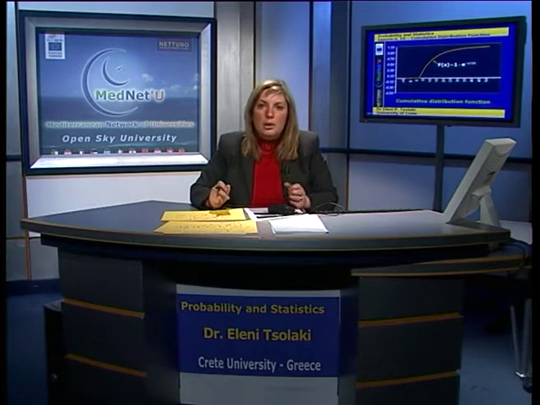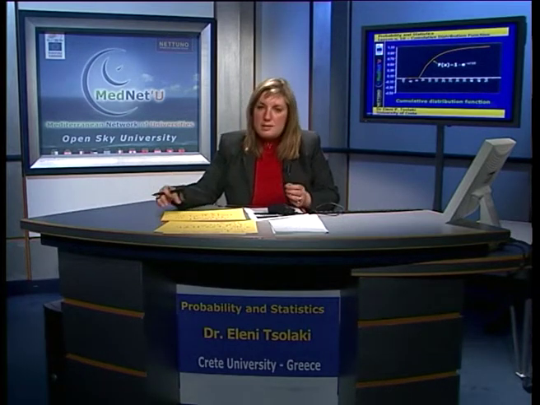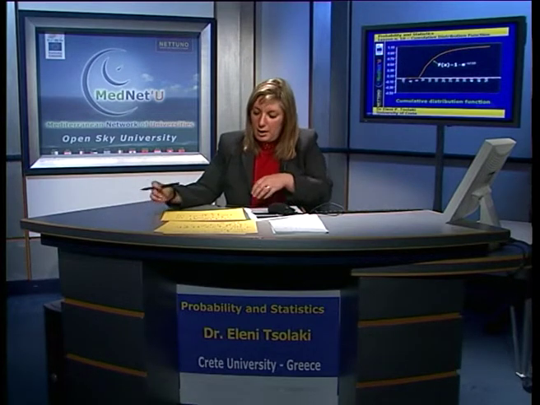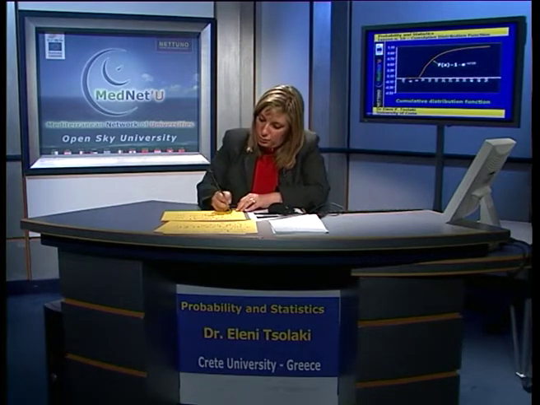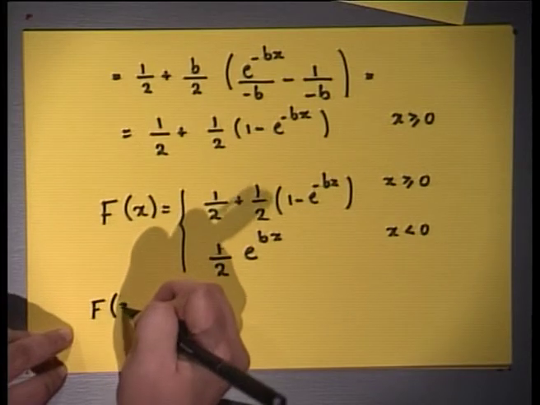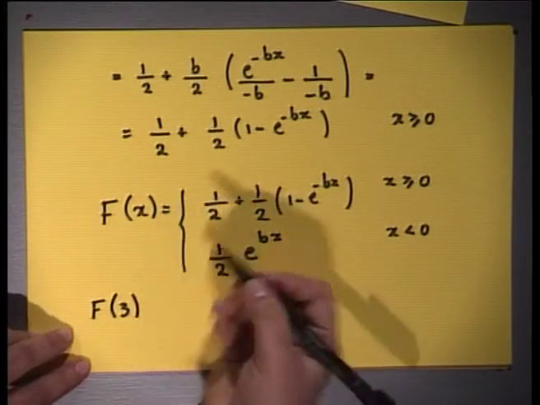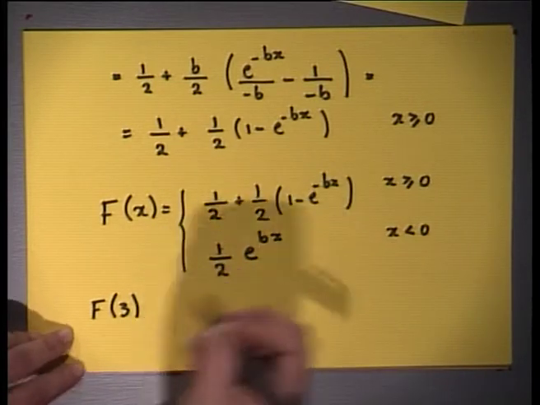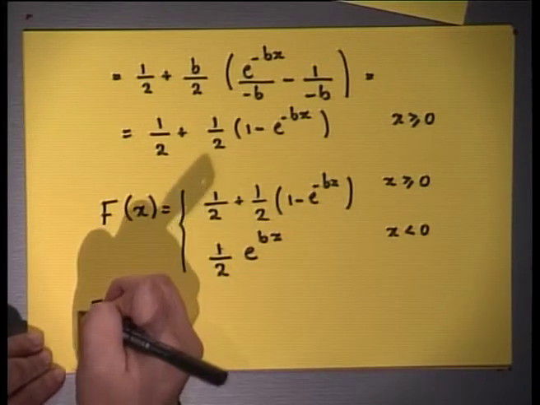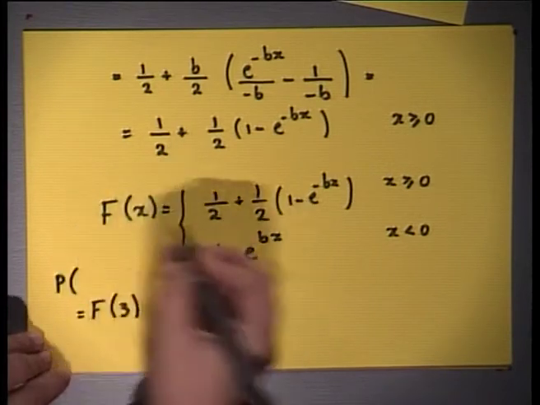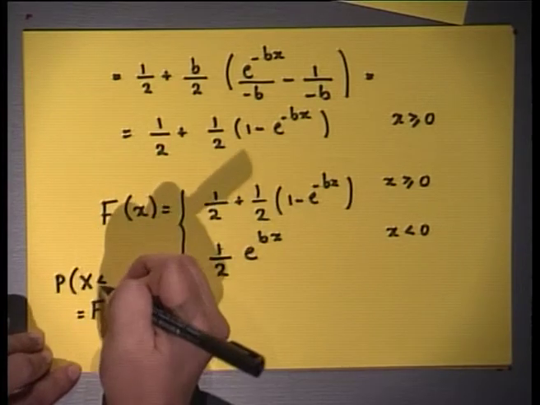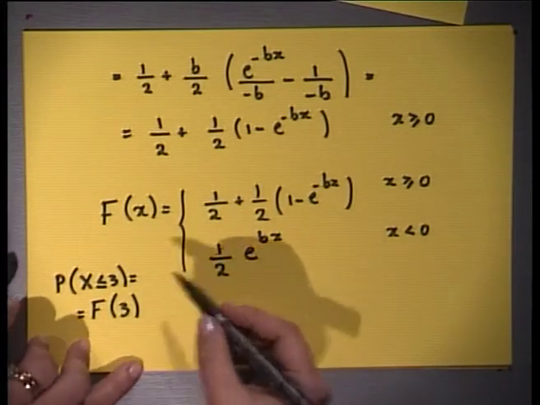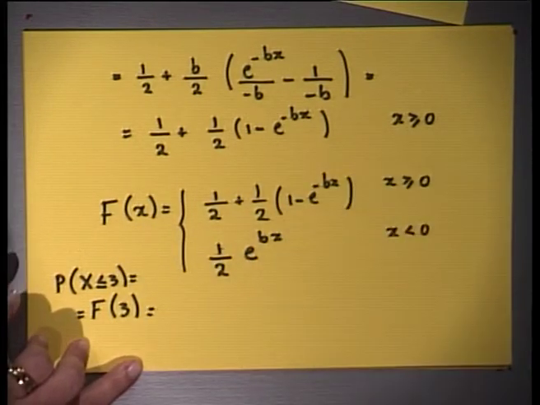For example, if we want to find the probability that x is less or equal to 3, this is actually the probability of x less or equal than 3. Now, we consult the table.